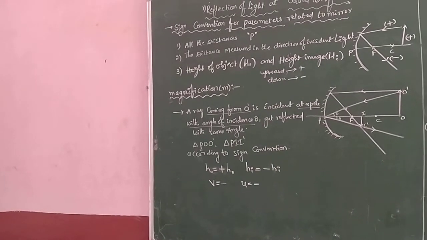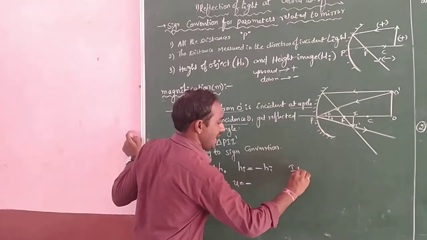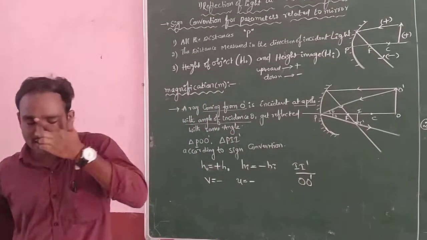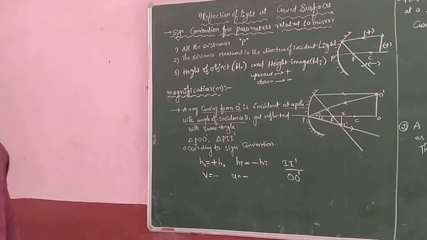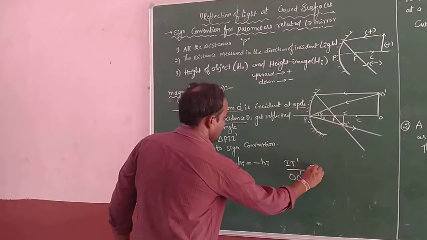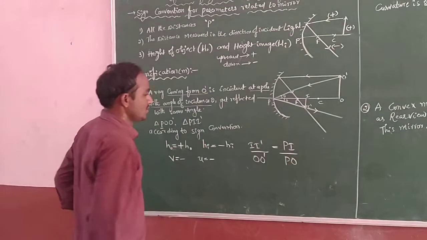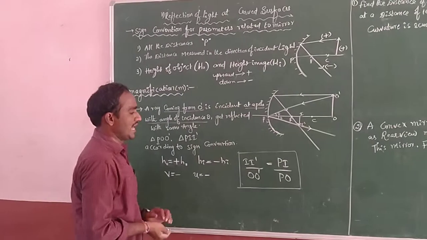That is a right angle triangle. I dash divided by O dash, and another one is PI equal to PO. So how can we write it?